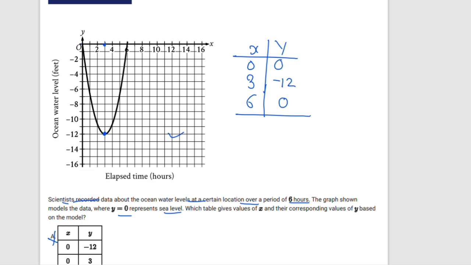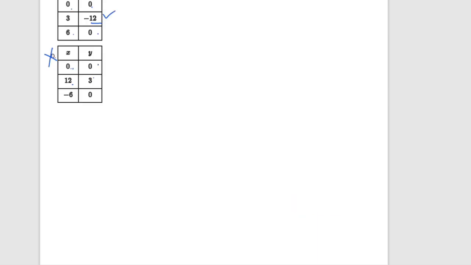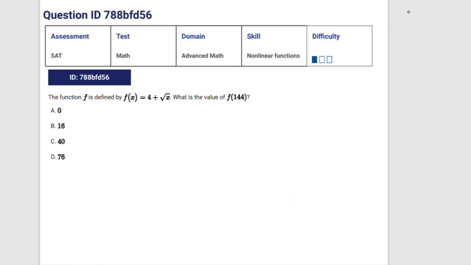All right, so the next question is, the function f is defined by f(x) = 4 + √x. What is the value of f(144)?